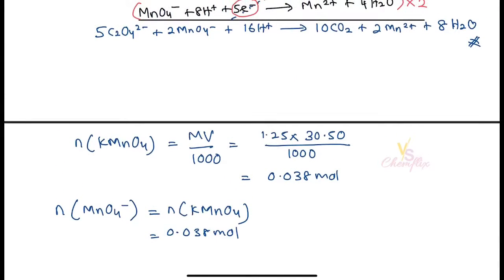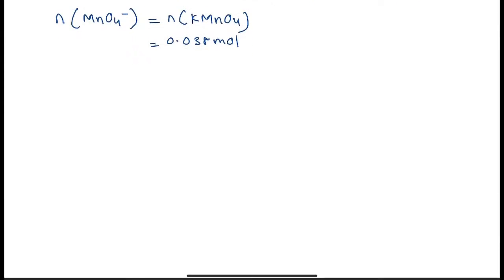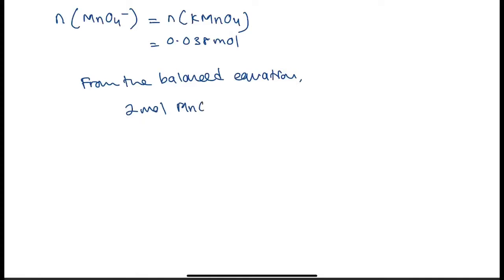As you can see over here, from the balanced equation, 2 moles of MnO4- ion react with 5 moles of C2O4 2- ions.